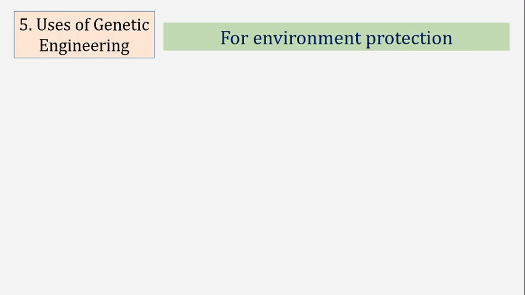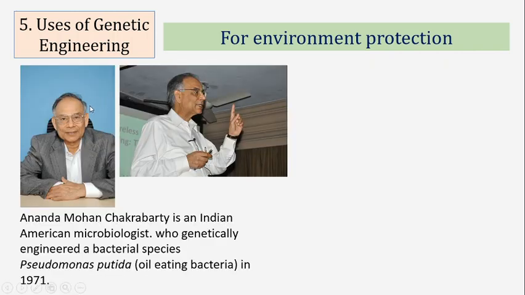As an example in your book, you see the name of Ananda Mohan Chakraborty, an Indian American microbiologist who genetically engineered a bacterial species called Pseudomonas putida, which can degrade oil spills on water or soil.